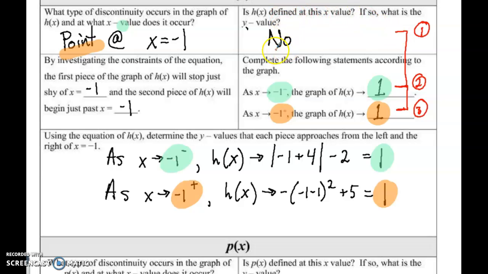It's not defined at x equals -1, so it can't be continuous. So now you can look at these two numbers, and if they're different, then it's a jump. Well, they're the same. So there's my quick answer for you. Since 1 is equal to 1, and it's undefined right there, h of x has a point discontinuity.